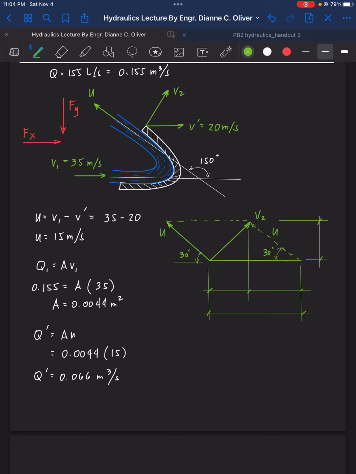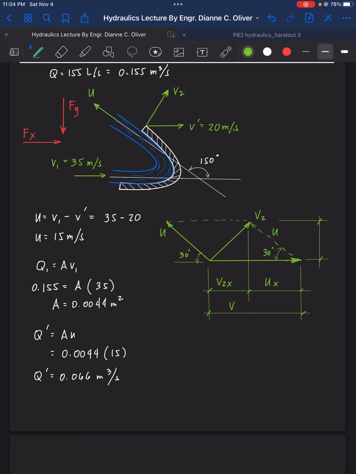So we now have here V2x. This is our UX, and this is actually the V1 of 35 meter per second. Oh no, the V1. Why do I keep saying it's the V1? It's the 20.